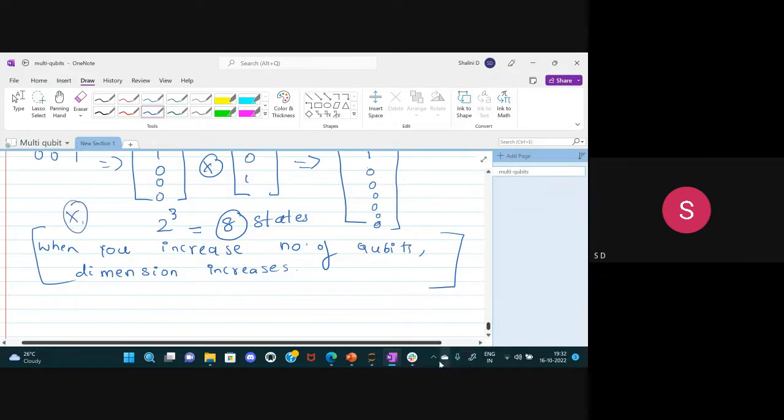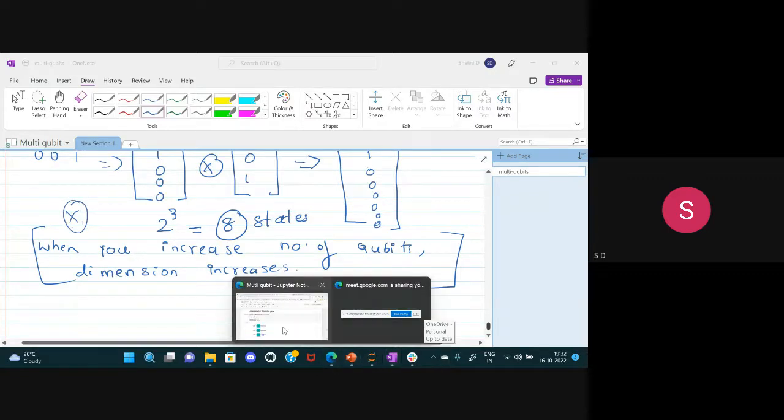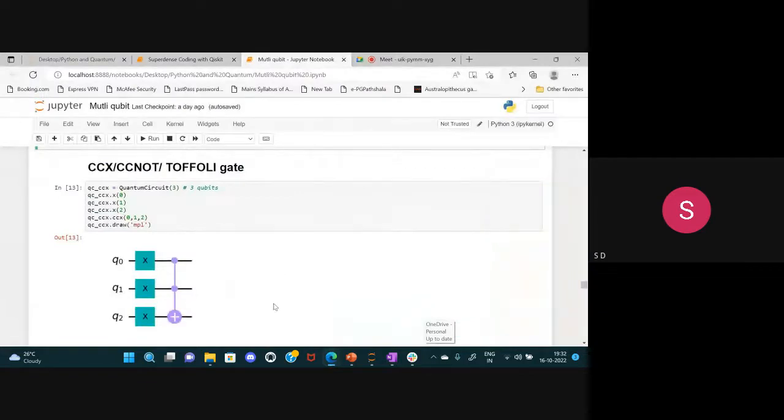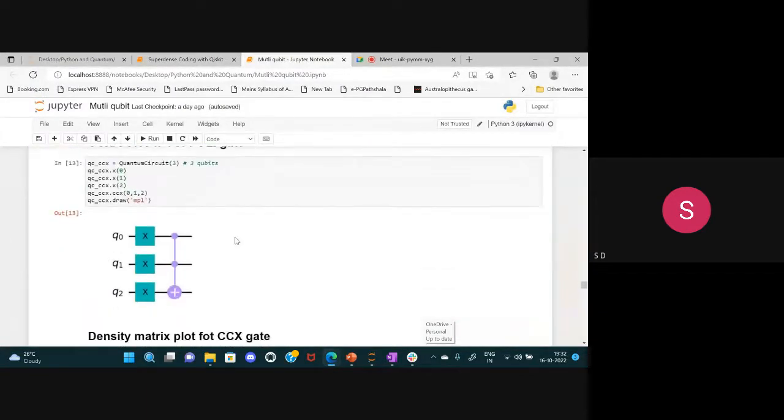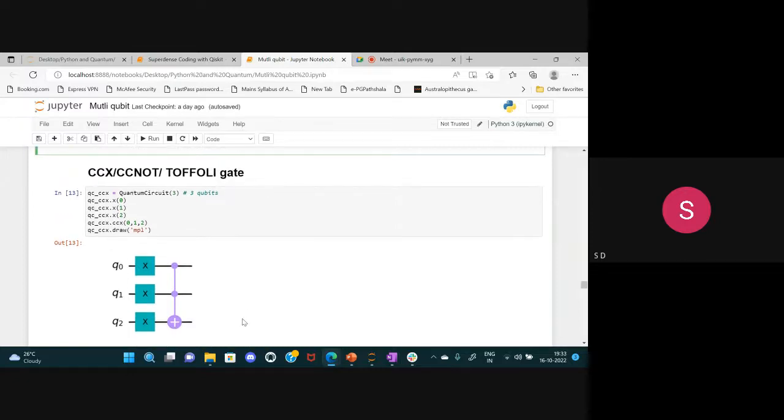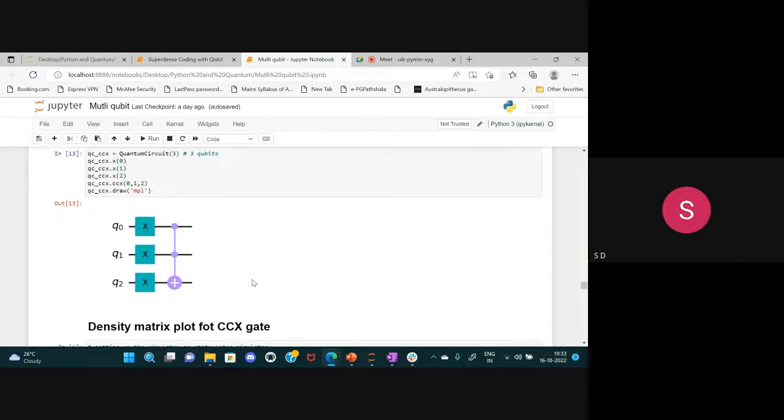Okay. We will go to the Jupyter notebook and see what is happening. In this, we are applying the X gate, same as we apply to the CX gate also. Why are we applying the X gate? Because we have to flip the bit. If we flip the bit to 1, we will be able to do the CC not gate operations.